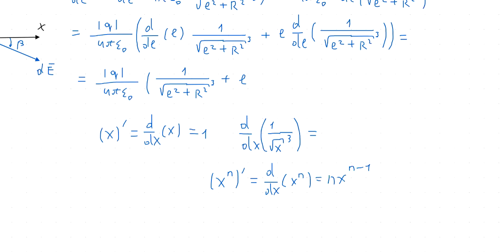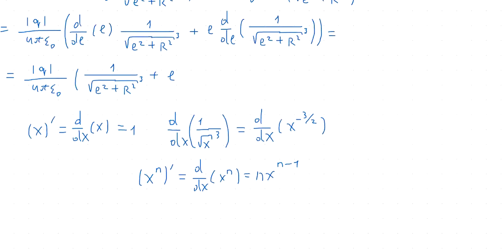But we can just rewrite this as d by dx of x to the power of minus 3 seconds, and it will be minus 3 seconds x to the power of minus 3 seconds minus 1.